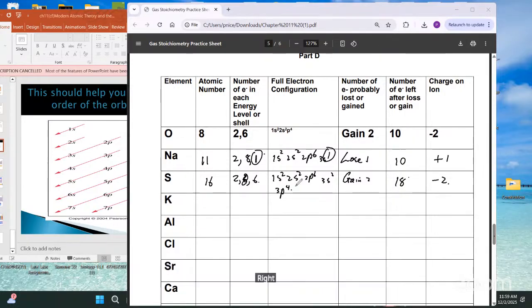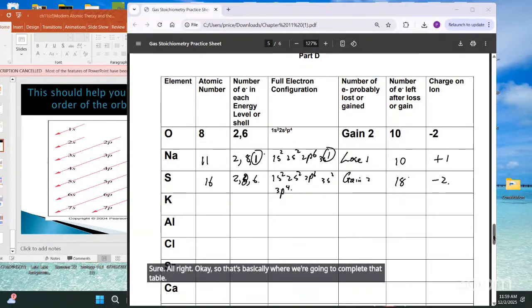Right? 4 plus 2 gives you 6. And therefore, it's going to gain 2 electrons as a result. I figured it out. Thank you. Sure. Okay, so that's basically how you're going to complete that table.